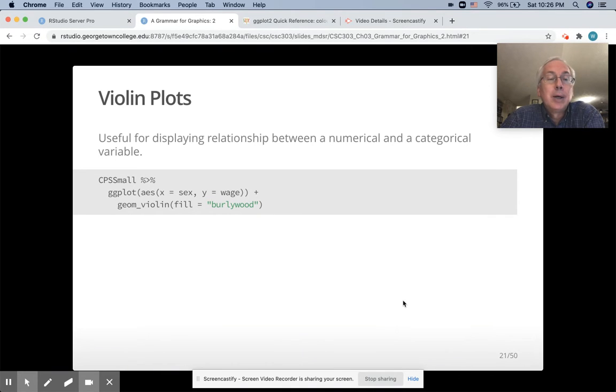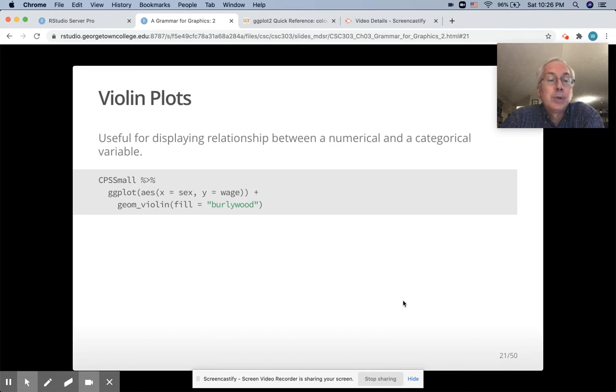So let's chat about the violin plot for a couple of minutes. We saw an example of this in our slideshow for chapter 2. We use geom_violin to do this plot.